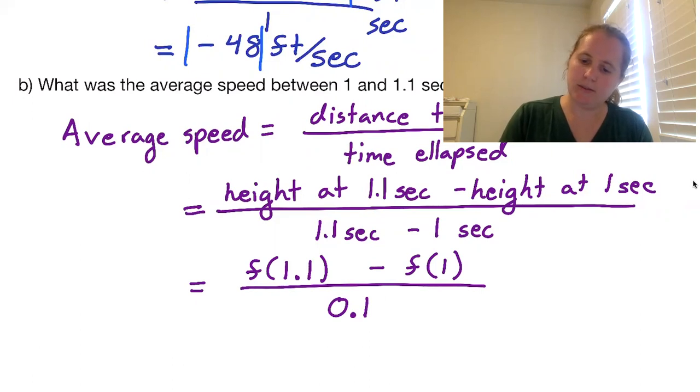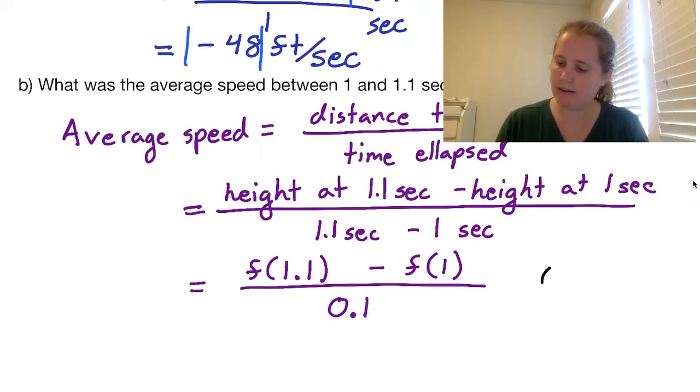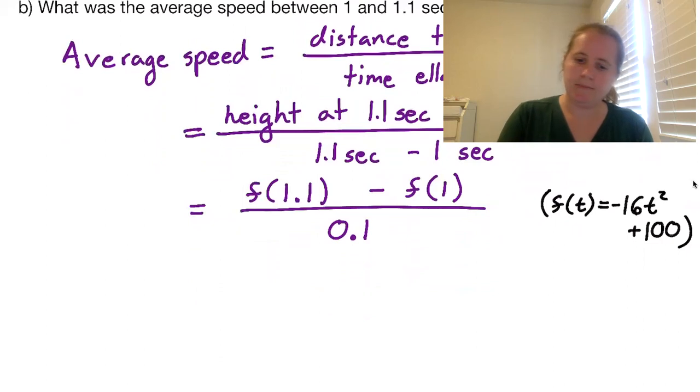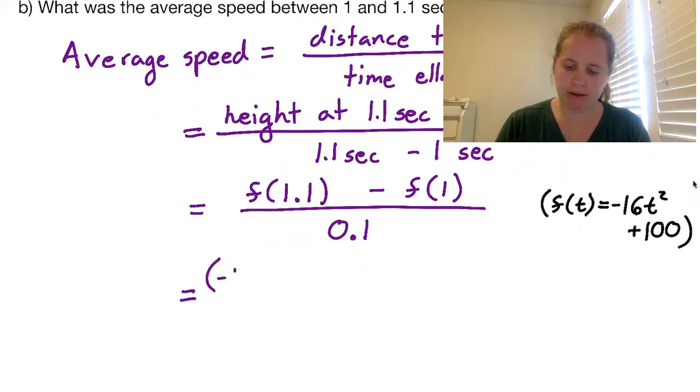And then just as a reminder, again, f of t was equal to negative 16t squared plus 100. So as we go to plug in that first f of 1.1, we have negative 16 times 1.1 squared plus 100.